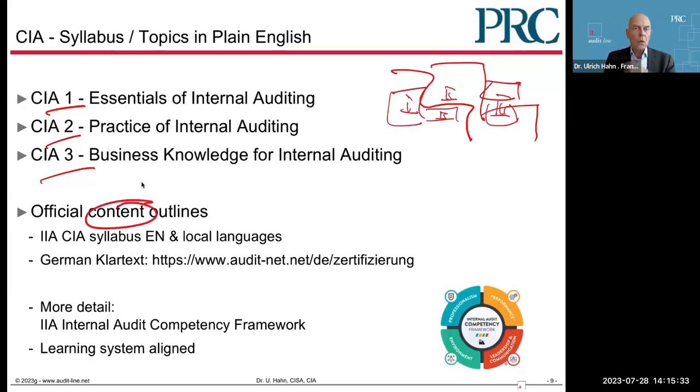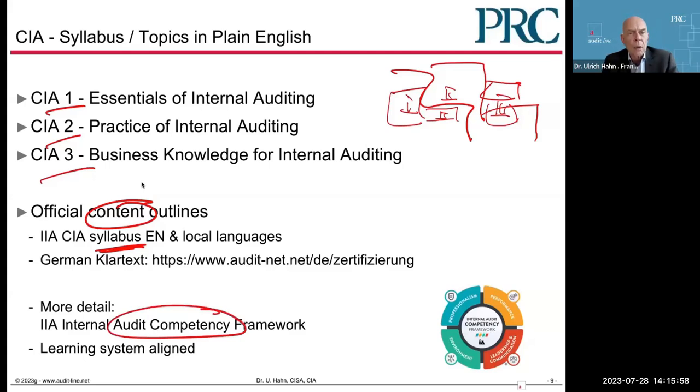Then if you want to know about the content, very important. The IIA has something called syllabus, and the IIA describes in the syllabus the core topics. It's not very detailed, and it also has the audit competency framework.